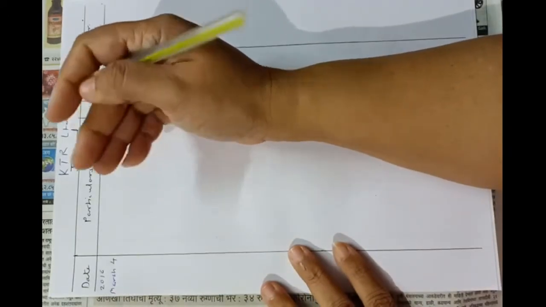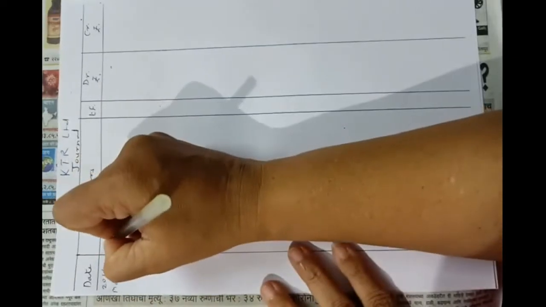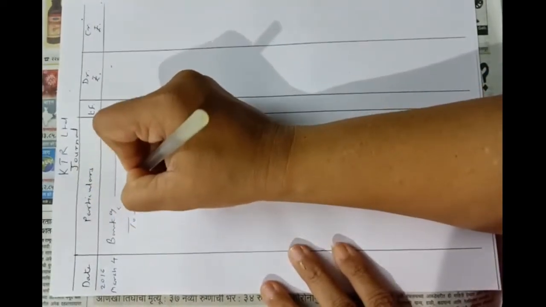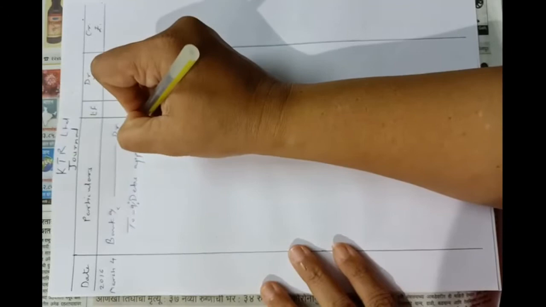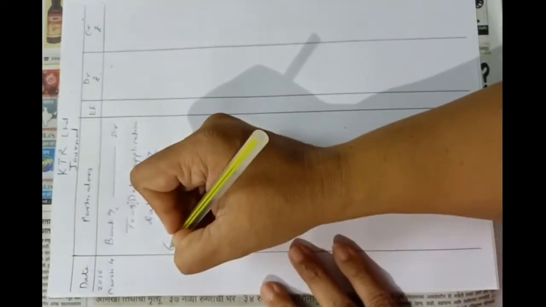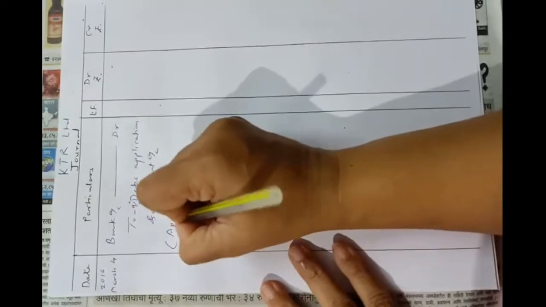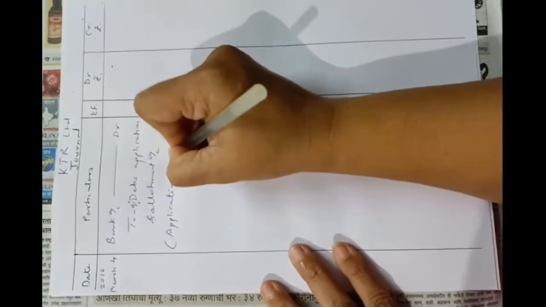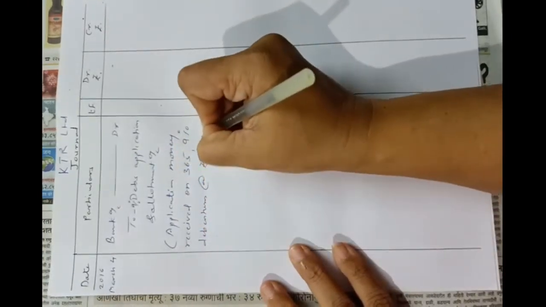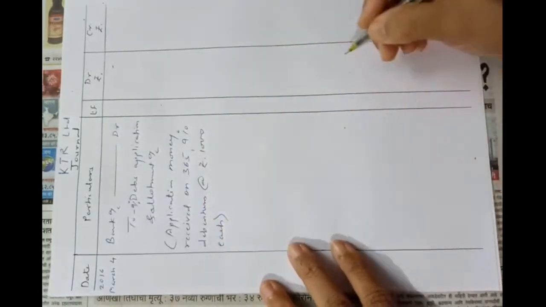We have to pass first entry obviously of bank account debit. So first entry will be bank account debit to 9% debentures application and allotment account, and narration will be application money received on 365 9% debentures at rupees 1000 per debenture, 1000 each.